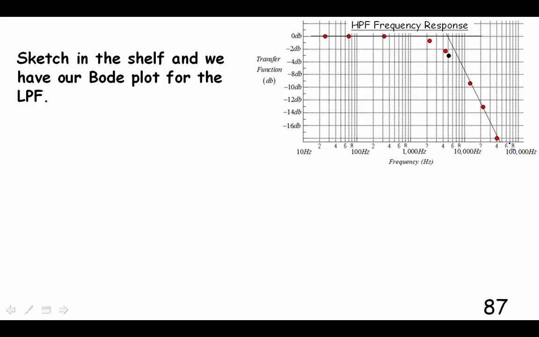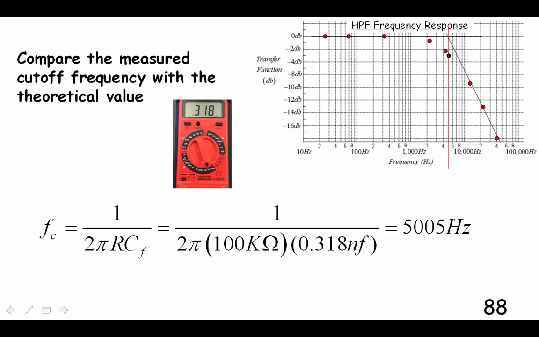Now if I extrapolate this and that, they should intersect right above the cutoff frequency. It's pretty good for the low-pass filter because I calculated 5,005 hertz, and you can see that we got about 5,000 hertz, right on the money there.